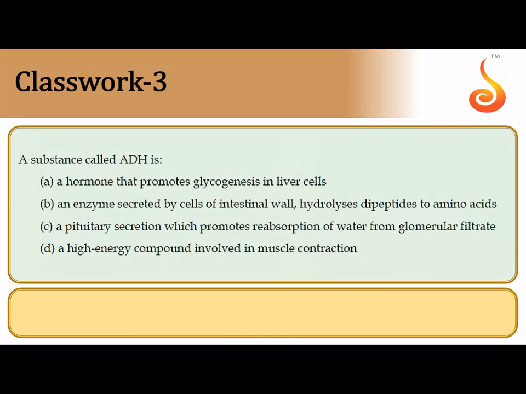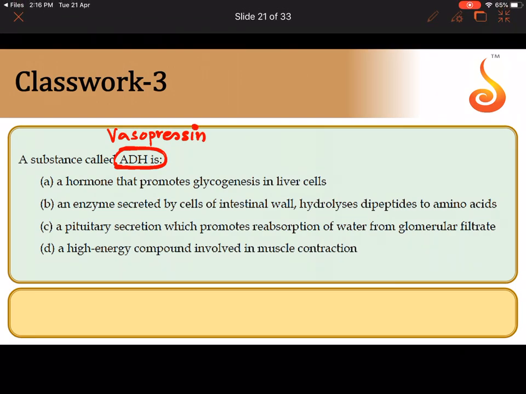A substance called antidiuretic hormone. Here I would like you to recall, what is another name for antidiuretic hormone? Antidiuretic hormone is also referred to as vasopressin. It is secreted by the pituitary gland. So the option itself starts off with a pituitary secretion which stimulates the reabsorption of water from the glomerular filtrate.